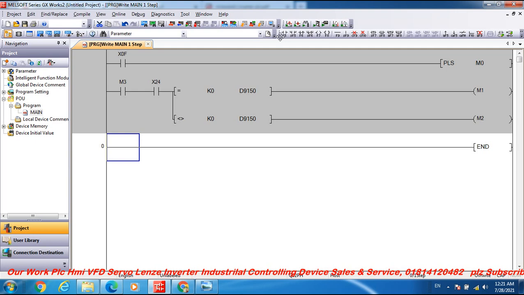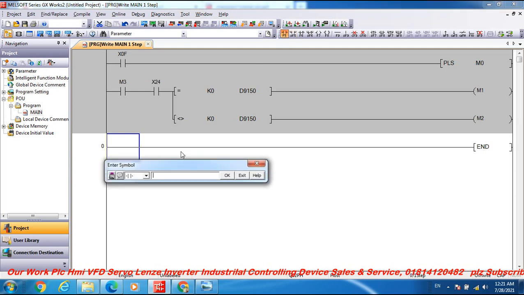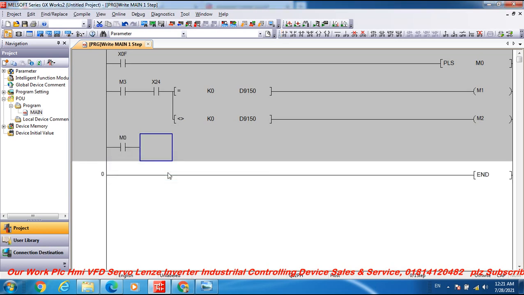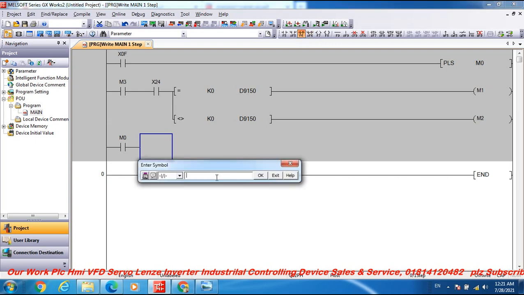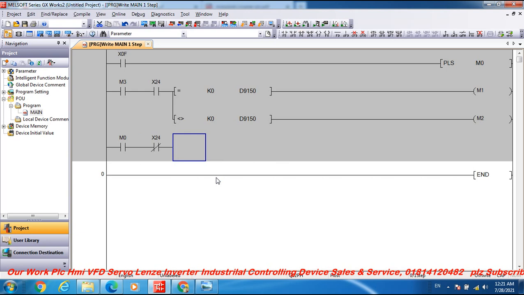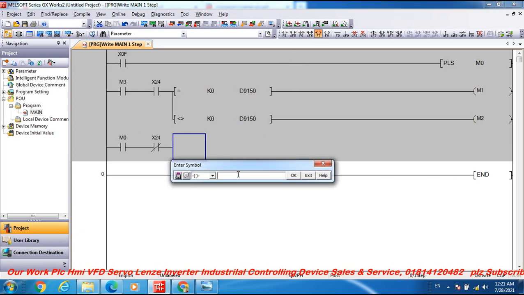Go to the open contact M0 and close contact X24 and M3.